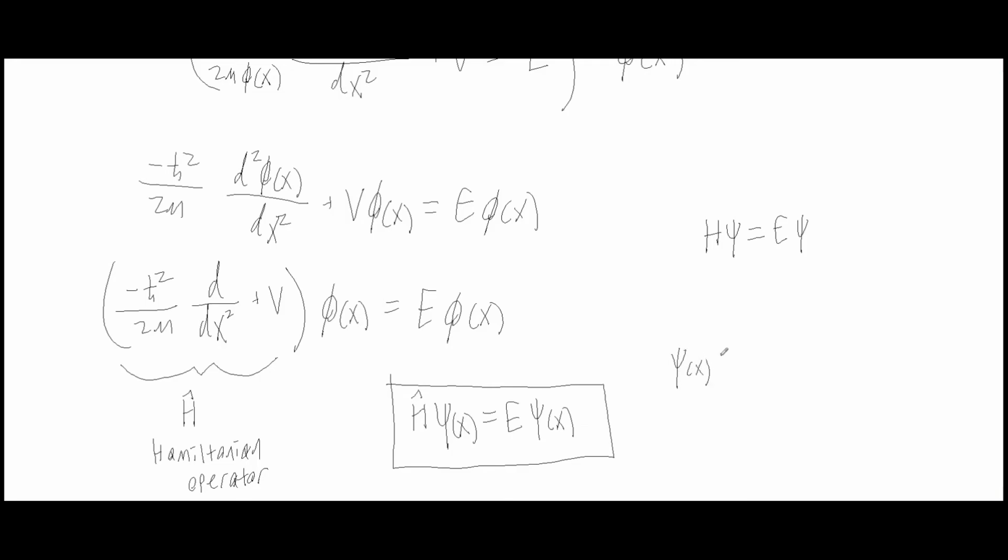And so then this E here, which is energy, is our eigenvalue. So we know that the energy of the system must be an eigenvalue for this Hamiltonian operator, and that these wave functions must be eigenfunctions of this Hamiltonian operator.